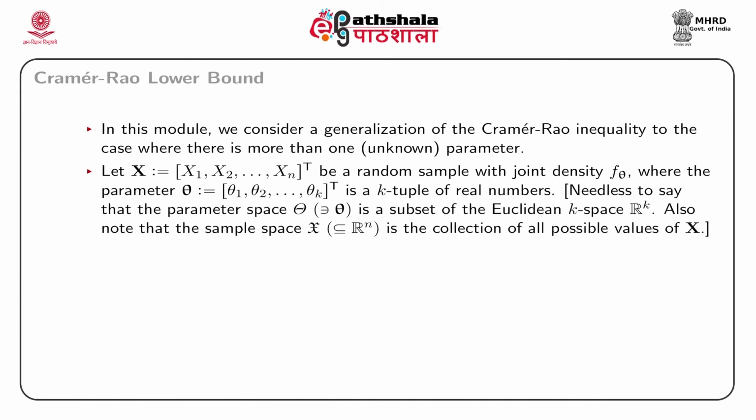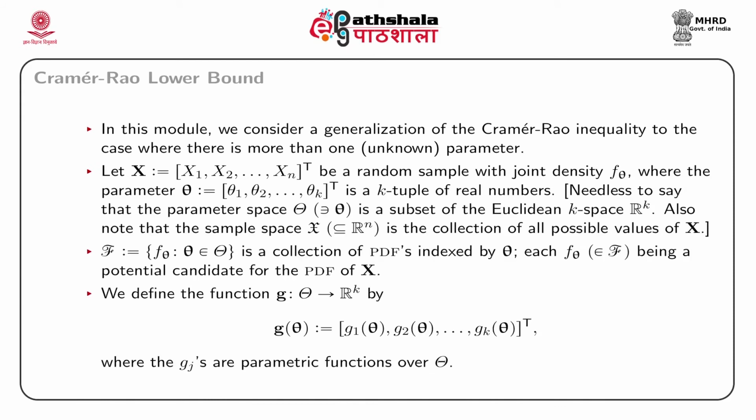Let X equals X1, X2 up to Xn be a random sample from a population with PDF or PMF f theta, where theta is a vector valued parameter which consists of k elements, say theta 1, theta 2 up to theta k, belonging to the parameter space script theta.